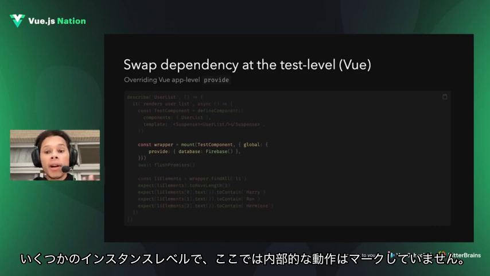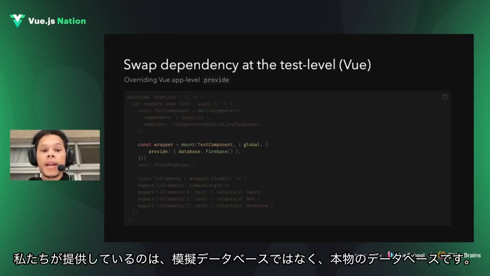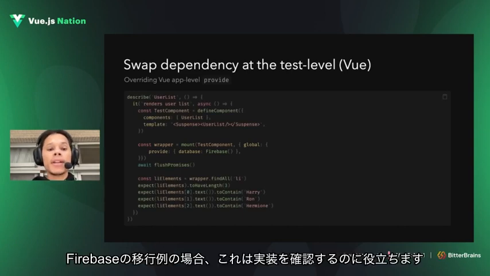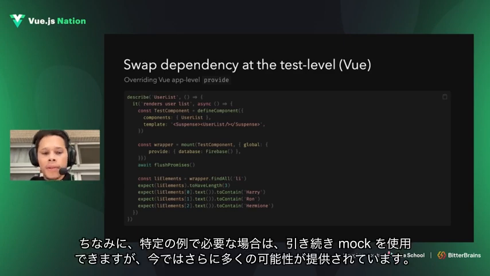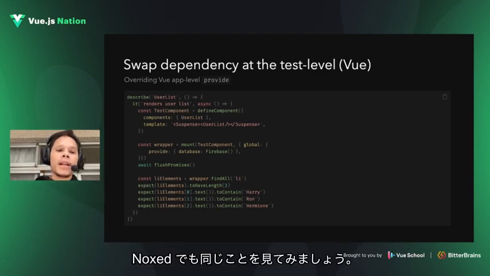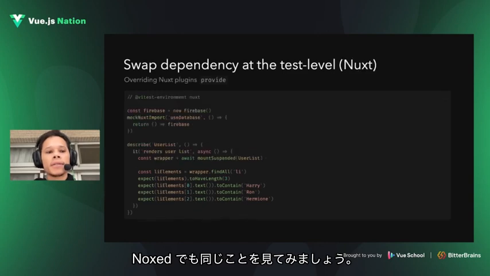And we're not mocking any internal behavior here, and we're providing a real database, not a mock. So in the case of a Firebase migration example, this would help us verify that our implementation of the Firebase database works. We can still use mocks, by the way, if we need them for specific examples, but now we have more possibilities. Let's see the same thing with Nuxt.